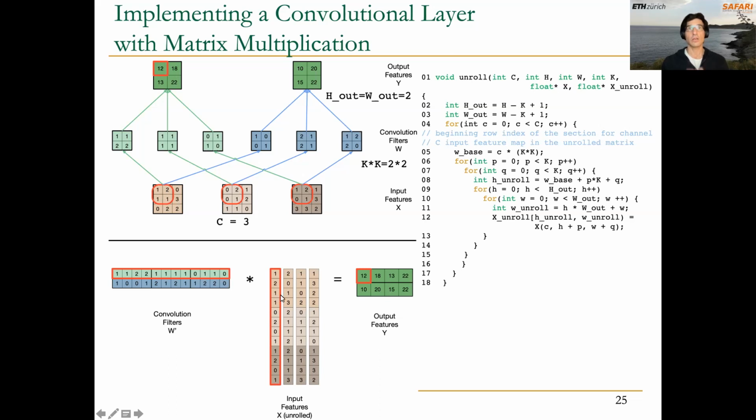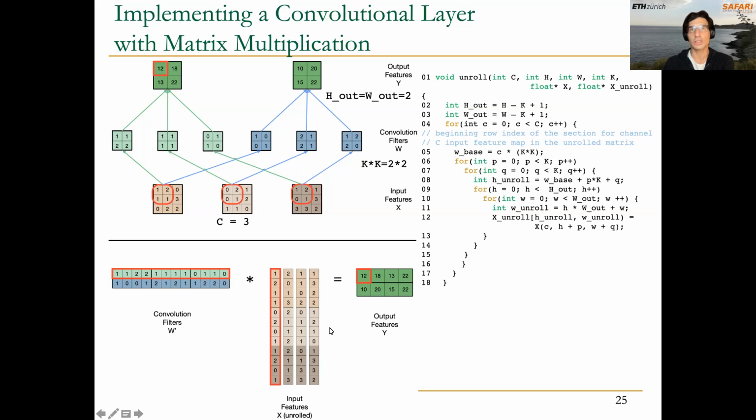And based on that, if we are in C equals 0, because we are in the first input feature map, this H unrolled is going to be equal to 0, 1, 2, or 3. If C is equal to 1 and we are unrolling this tile, this H unrolled is going to be equal to 4, 5, 6, 7.